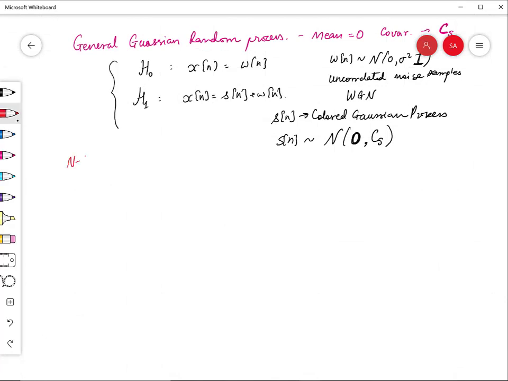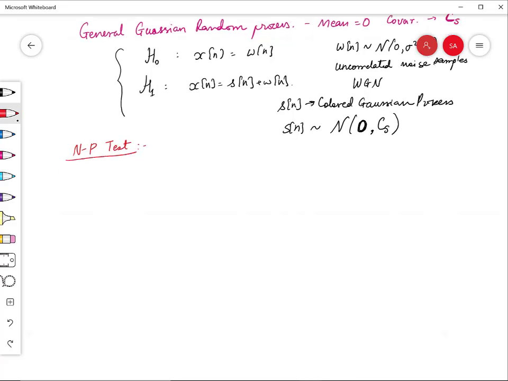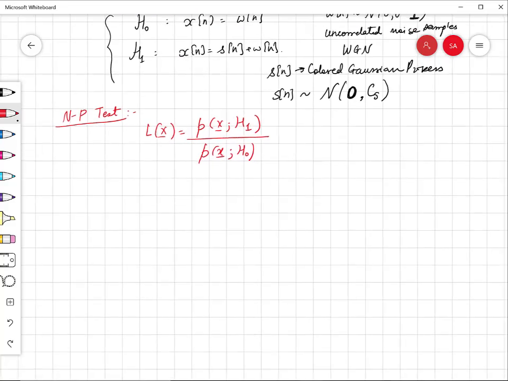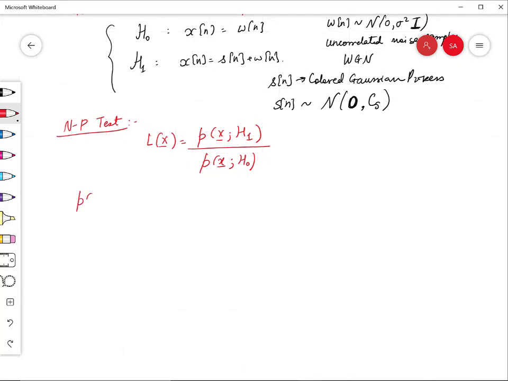We form the NP test, we use the NP test method. What is the NP test? Again the likelihood ratio, which is equal to the probability of x given hypothesis H1 divided by probability of x given hypothesis H0. The probability of x given H0 is fairly simple.